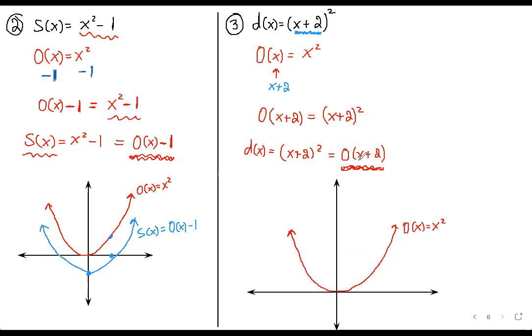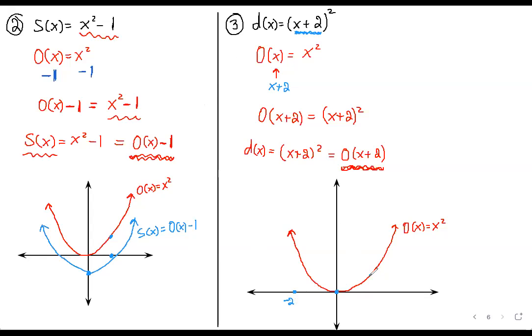Now I have to shift the original function to the left 2 units. So 2 units to the left, (0, 0) goes to around (-2, 0), and everything here we have to shift to the left.